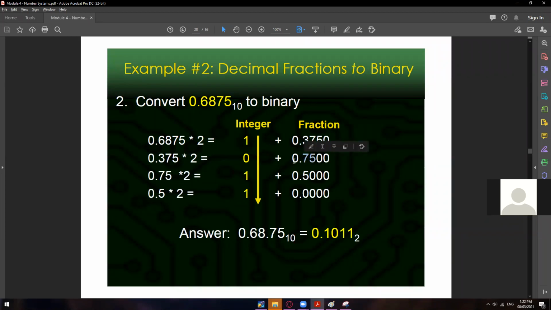Again, 0.75 times 2 gives you 1.5. Separate those two, and then 0.5 times 2 will give you 1. Since our result is already 0, that's the time that we will stop, and copy from top to bottom. So 1, 0, 1, 1, or 0.1011 base 2.